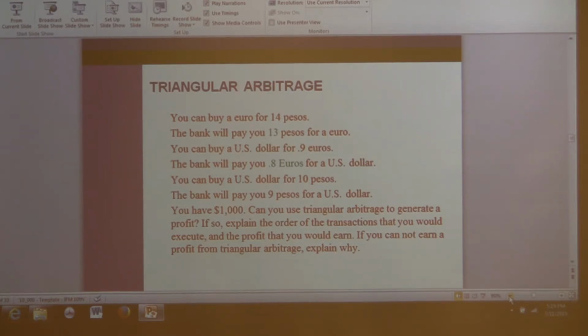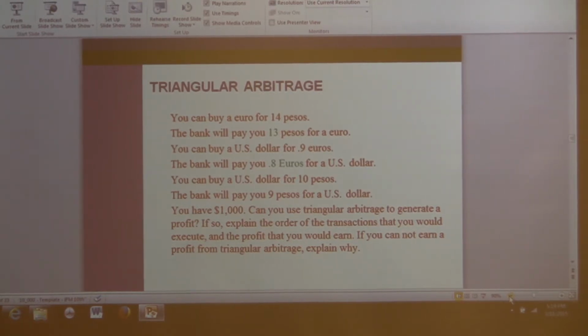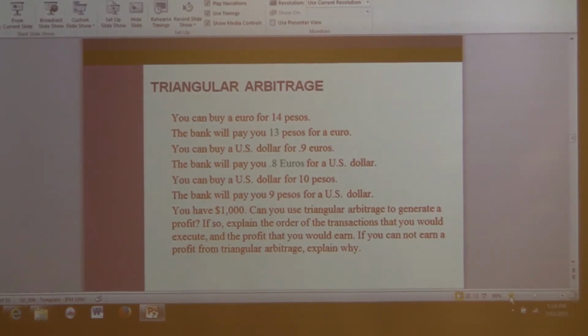Okay. Now the euro to US dollar, what does the exchange rate tell you? It's 0.9 euros and 0.8 euros, okay? So here, what we see is, euro to US dollar is 1 over 0.85, isn't it?